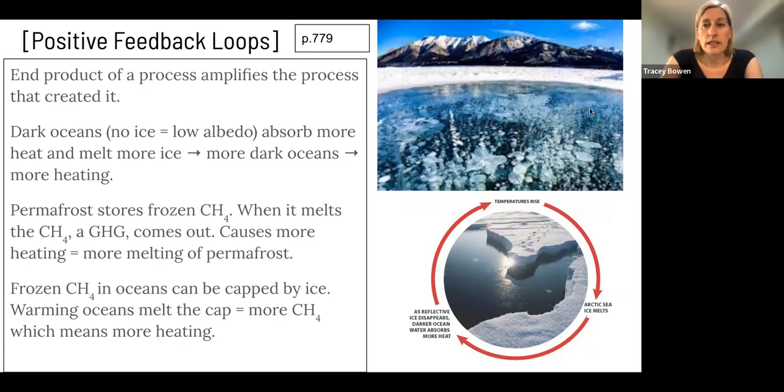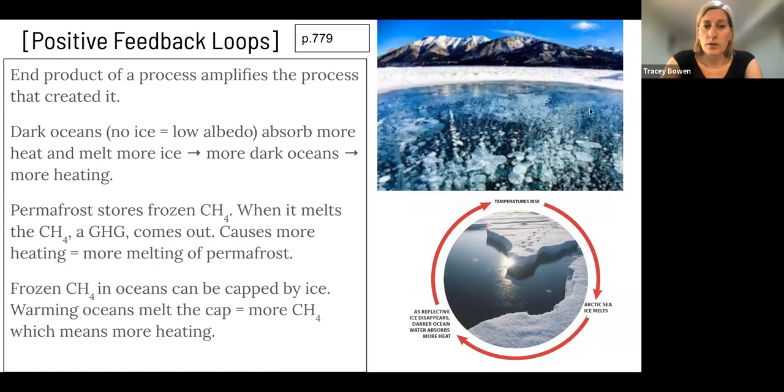So a good example of this in climate change is that ice melts from Arctic polar regions, and ice usually reflects light back and prevents absorption of light energy as heat. When that ice melts, the oceans are dark underneath, so they're going to absorb that heat, which will melt more ice, which will result in more dark oceans, which will result in more heating and more ice melting. So you can see how this is pushing a new equilibrium where there would be no ice at the poles.